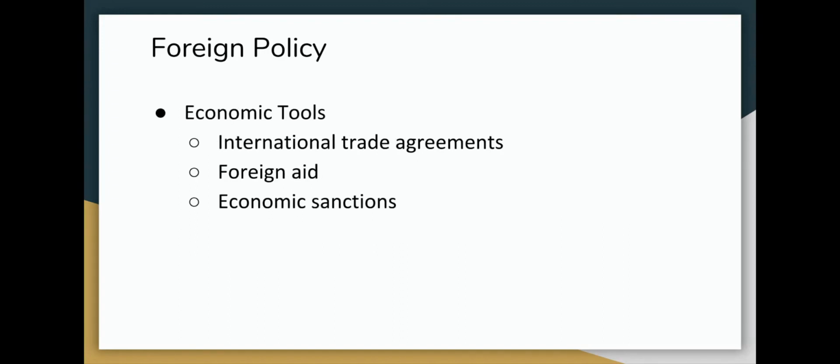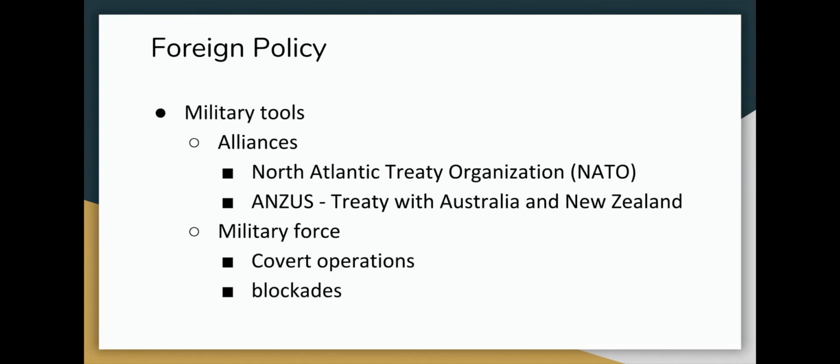There are economic tools to achieve foreign policy goals, including sanctions, foreign aid, and trade agreements. There are military tools through alliances and actual military force. Today, you have a lot of covert operations, as well as another tactic, blockades.